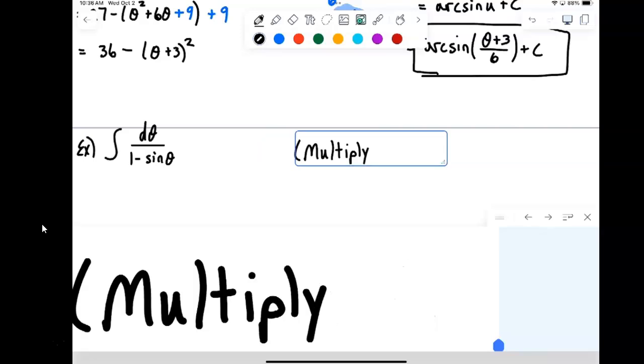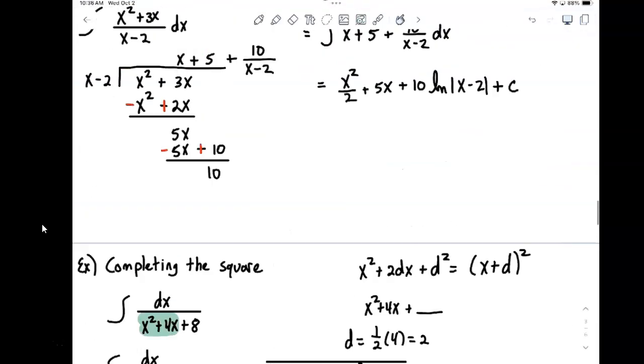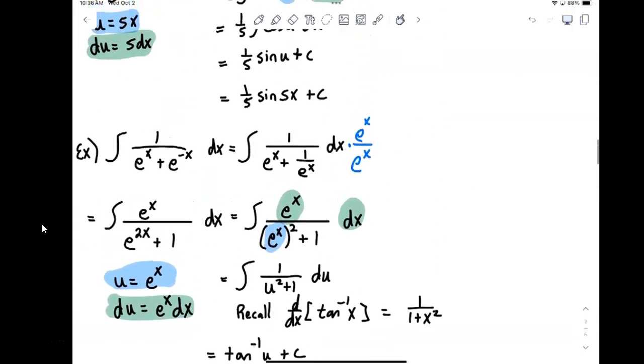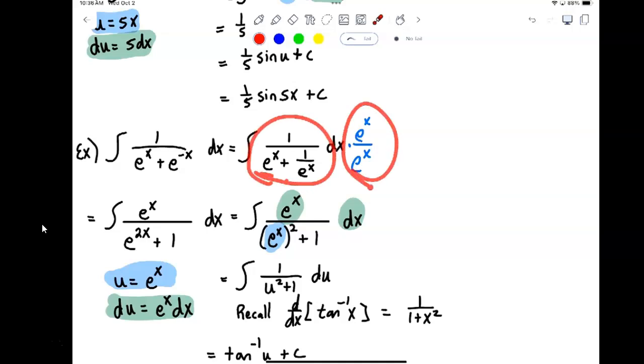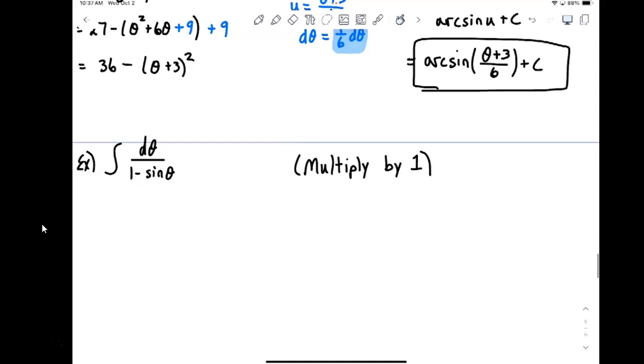This is another multiply by 1 type integral, kind of like we did with the complex fraction earlier with the e to the x. We multiplied by 1. But the question is, what do we multiply by? How do we multiply by 1 so that we can transform this into something we can actually work out?